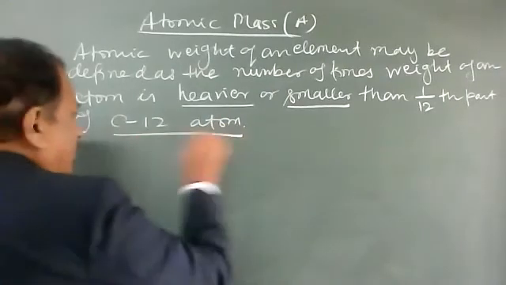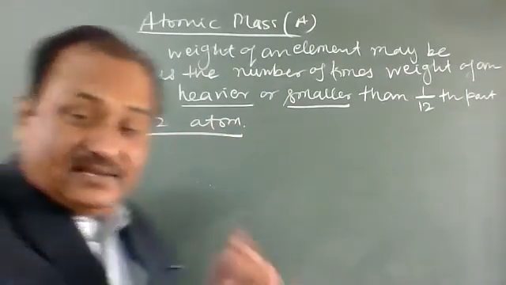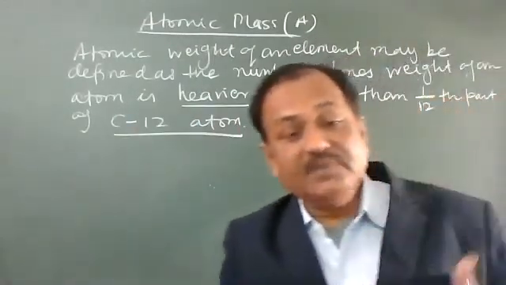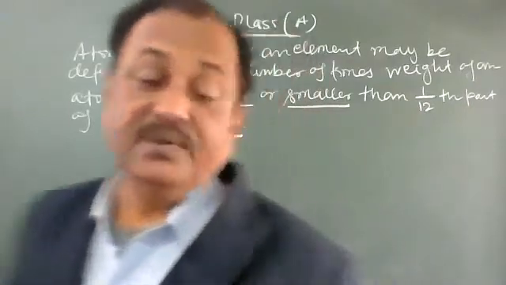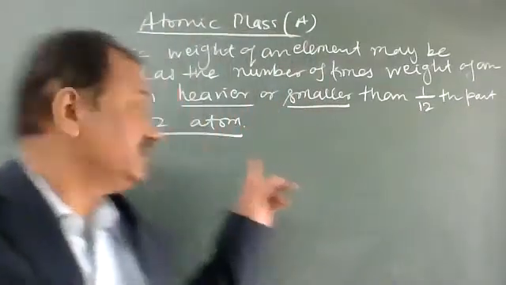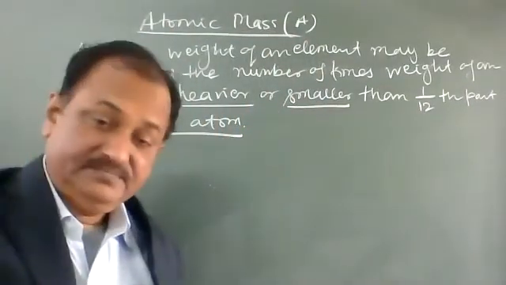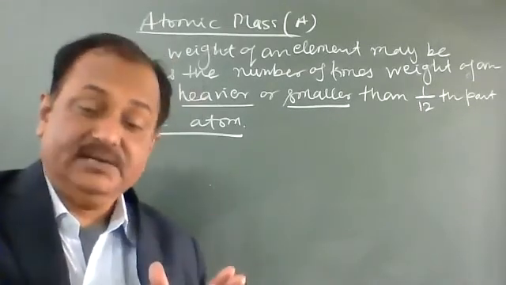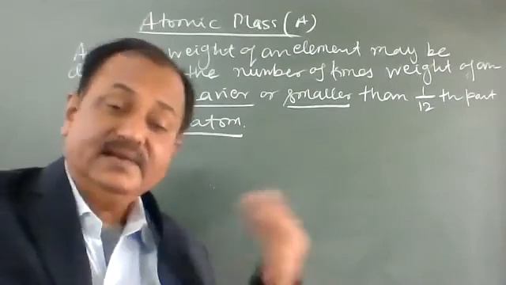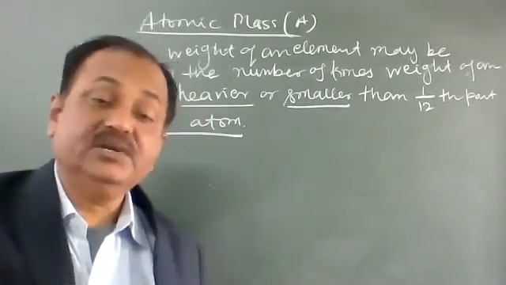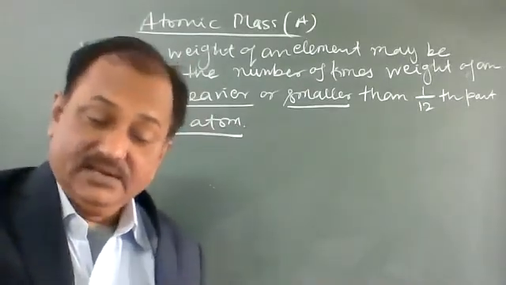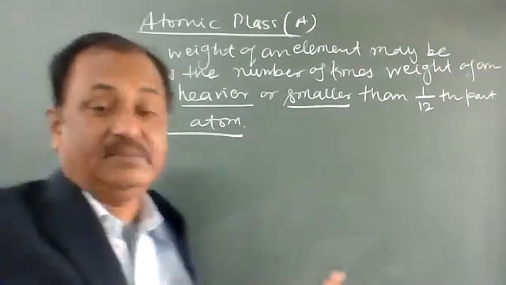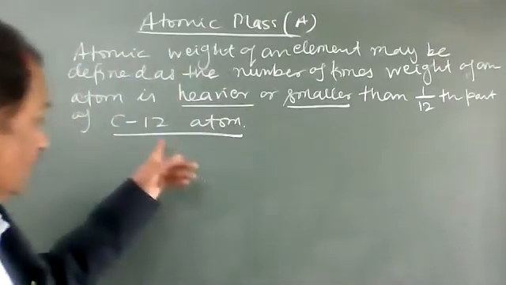Now this is a very important point. Here C12 means carbon with atomic mass 12. It is related to some very important part. Carbon is found in different forms in nature: graphite, diamond, simple carbon, coal.